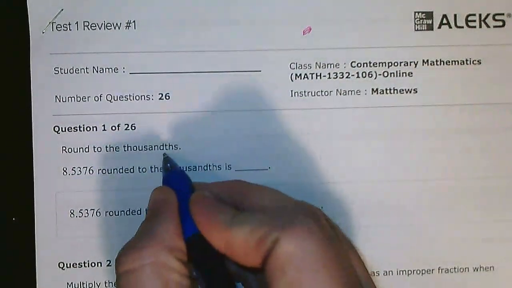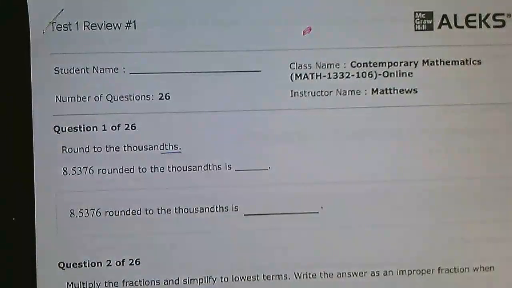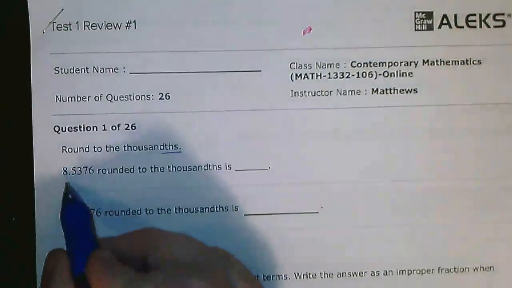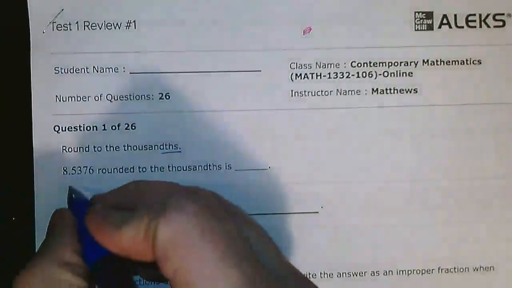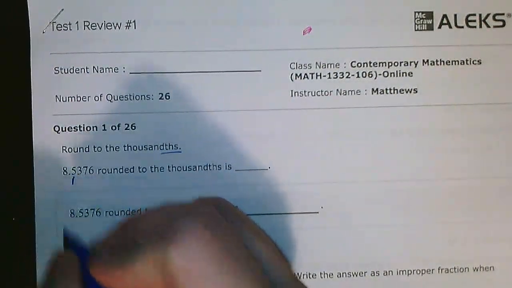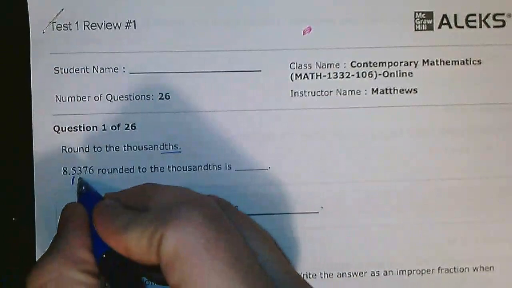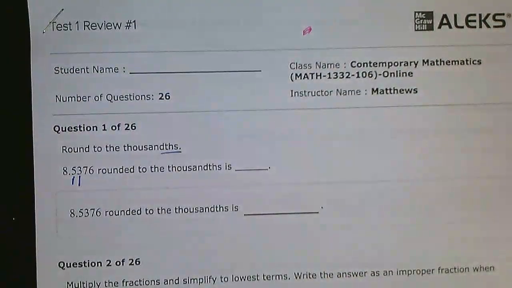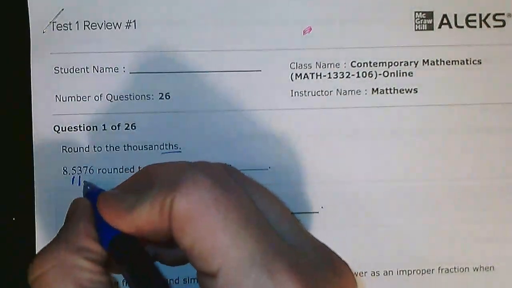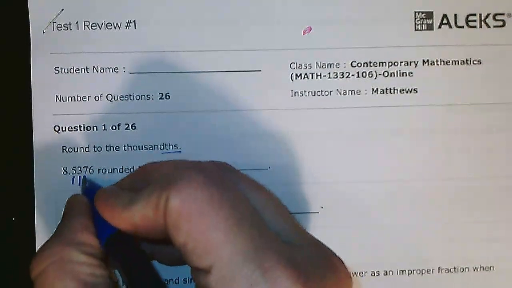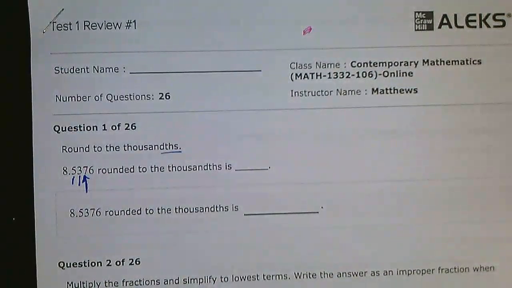Number 1. Round to the thousandths place. If it ends in that THS, then it's after the decimal. Our first place after the decimal is the 10th, and then the 100th, and then this right here is the 1000th. So we want to stop at that spot.